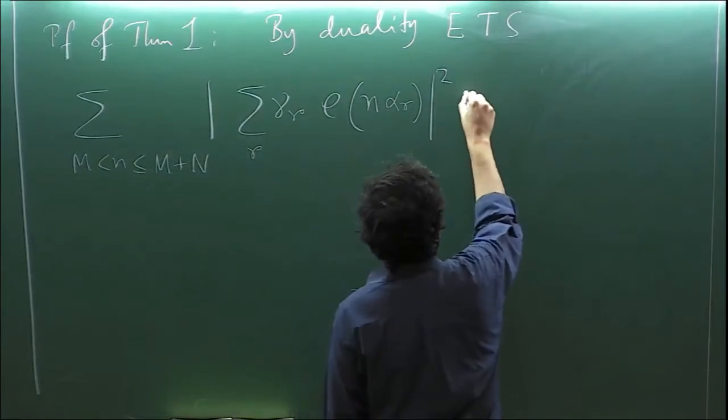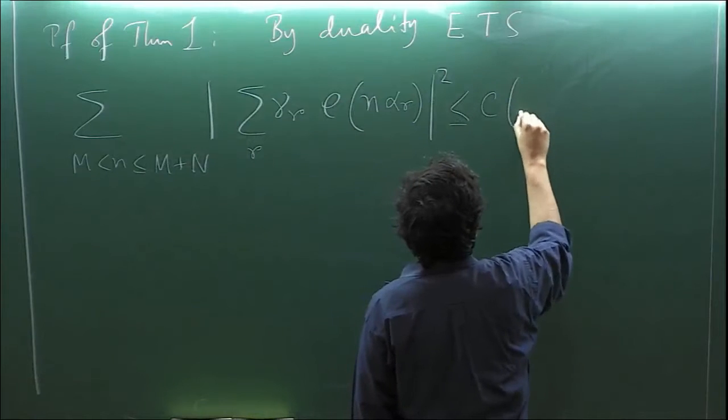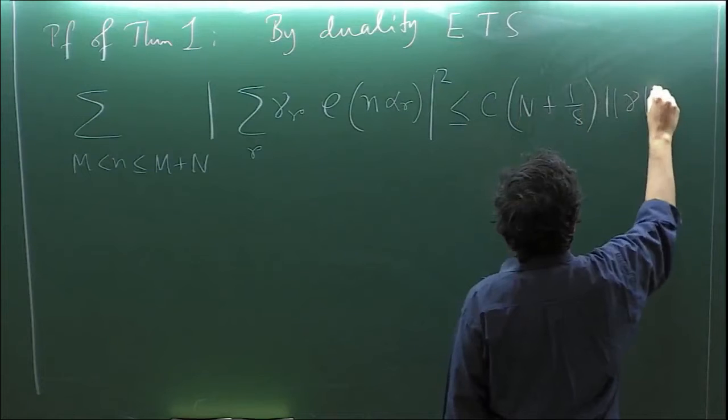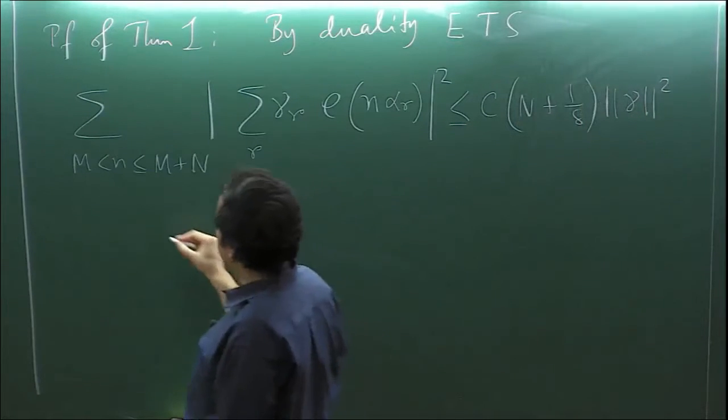And this should be less than or equal to C times (N plus 1 by delta) times the norm of gamma squared, for any sequence gamma r.